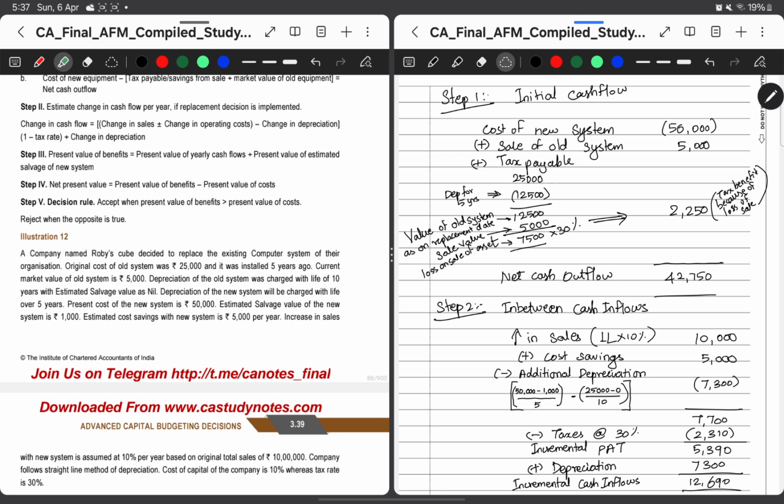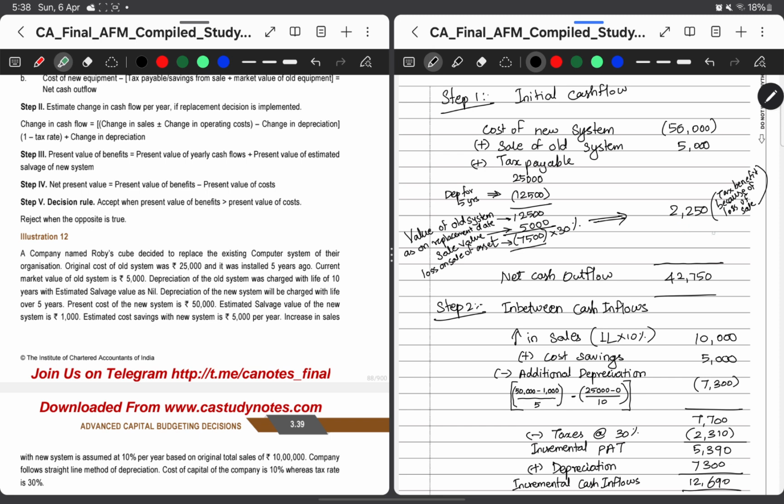The old machinery cost is around 25,000, and after depreciation of 5 years, 12,500. The value of old machinery as on replacement date is 12,500, and we sold it for 5,000. So we are getting a loss of 7,500, wherein on the loss we are getting a tax benefit of 30%. As the tax rate is 30%, we are getting a benefit of 2,250.